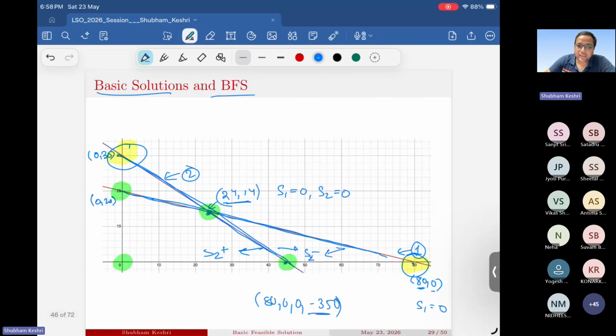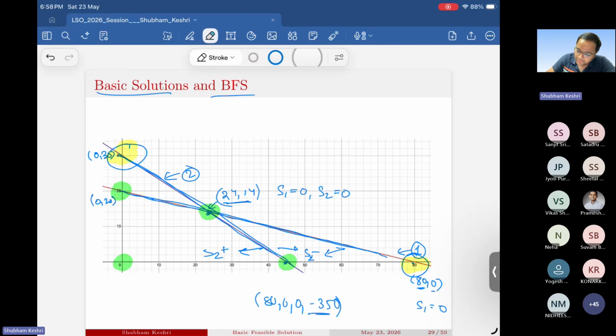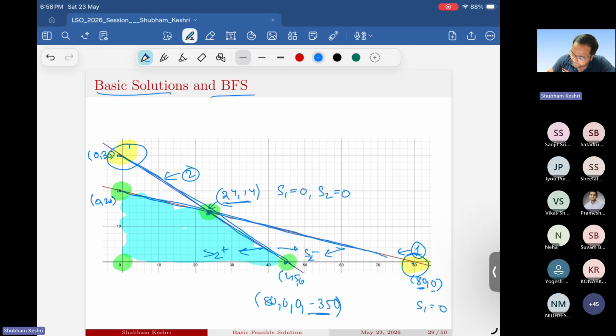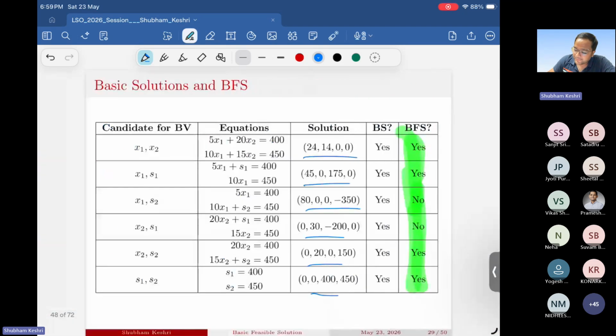No, I think you have not understood it clearly. For this two-dimensional LP, we saw that this is the feasible region. And using the graphical method, you will obtain these points: (45, 0), (0, 20), and (24, 14). When you evaluate the objective function value at this point, it will be the same as for the corresponding basic feasible solution.